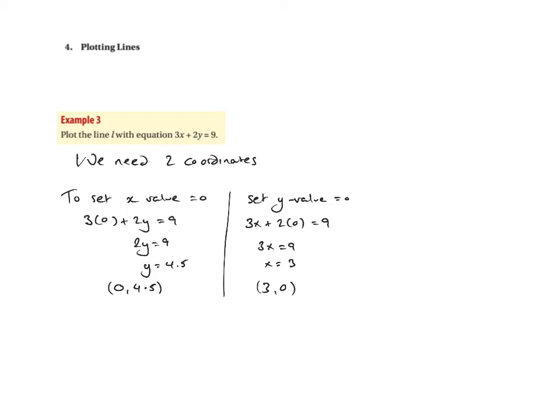So I'm just going to sketch it. You can do this a lot better than I can. So there is my axes, and I'm just going to go 1, 2, 3, 4, 5, 6, 2, 3, 4, 5, 6, and I'm going to plot those 2 values.